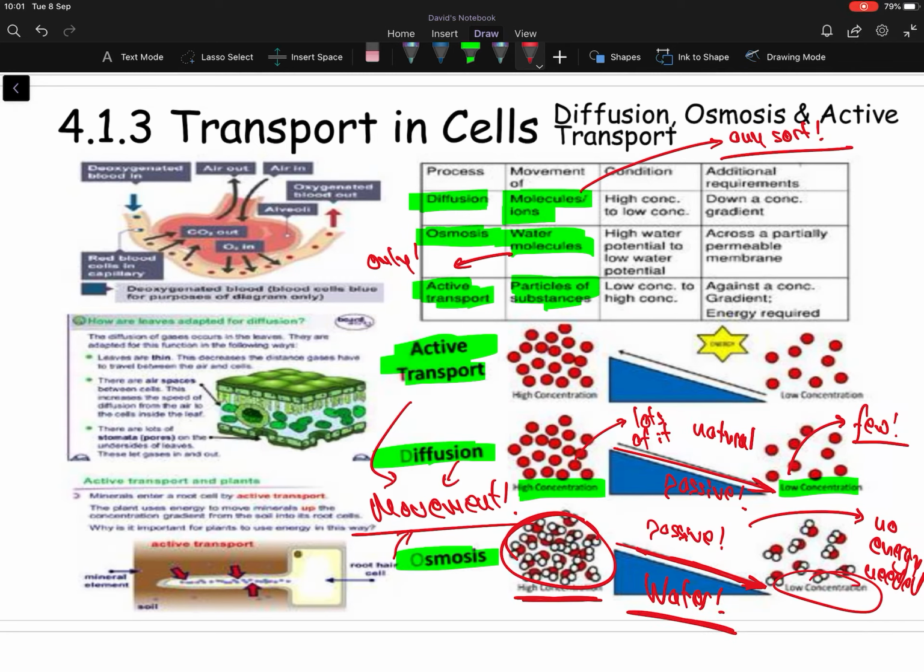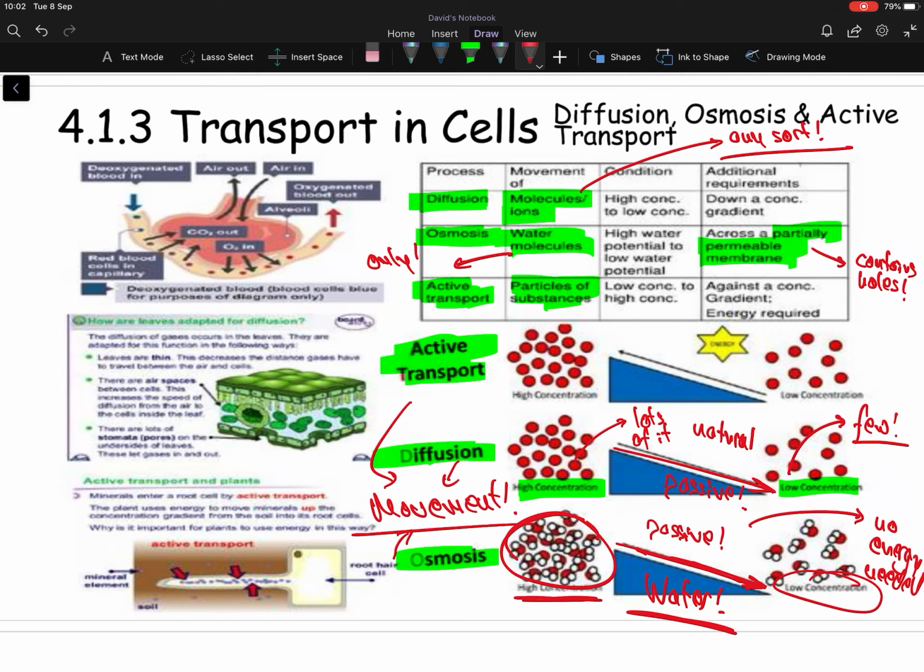That's the important difference. Now, as well as that, the water has to move across a partially permeable membrane. So that's a membrane around a cell that contains holes in it that only let specific things through.